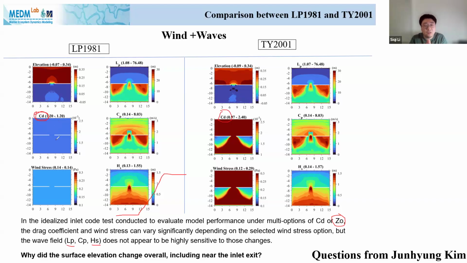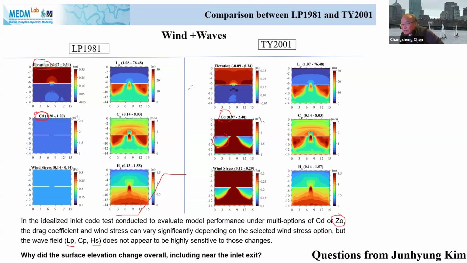Although the wind field is the same for both, the drag coefficient is totally different, especially behind the dam, because the surface roughness at these two regions is totally different. So although the wind speed is the same, the wind stress into the model is totally different, and that causes the surface elevation to be different between the two cases. Basically, this is how it is caused.